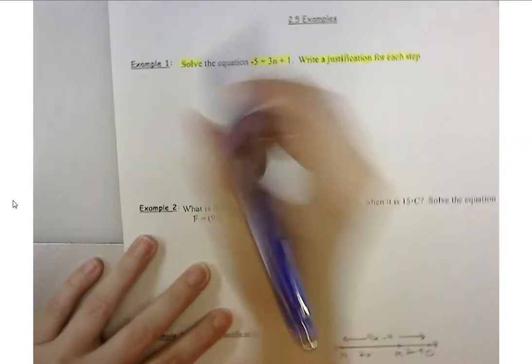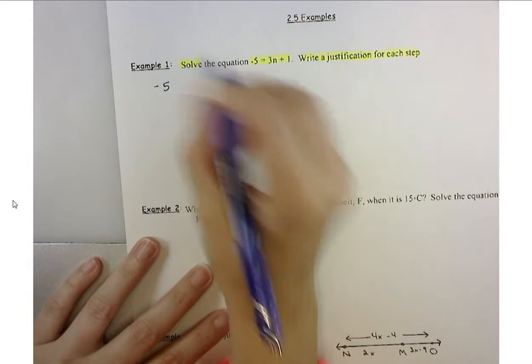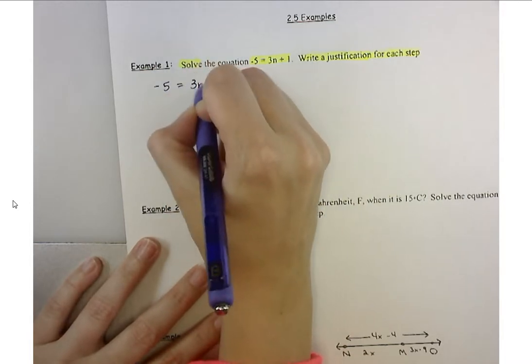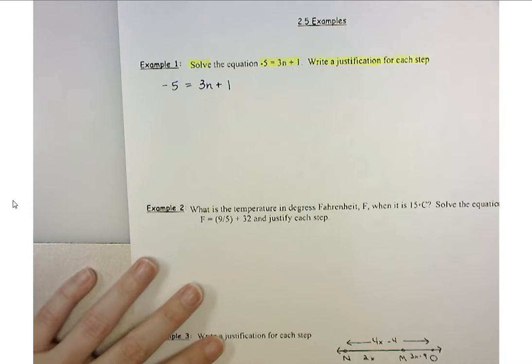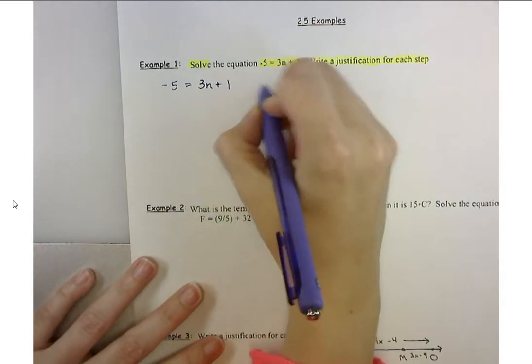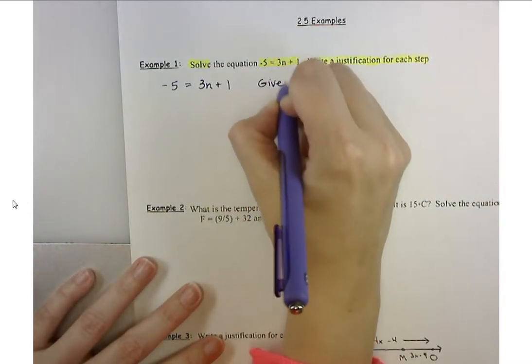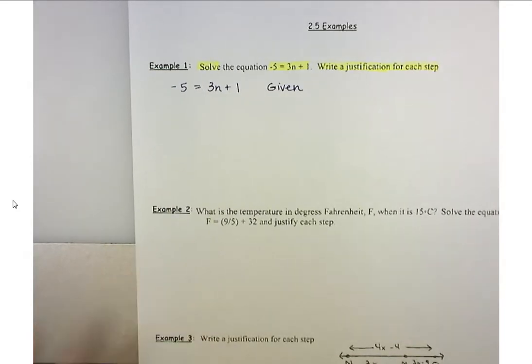So the first step, -5 equals 3n plus 1, that was given to us. So our justification is just going to be given for the first one. You'll notice that in every proof, that's what you're going to start with.